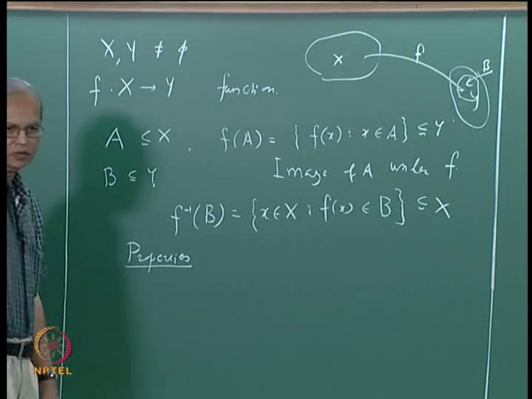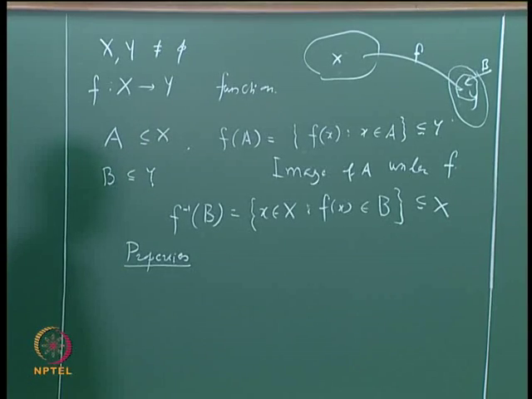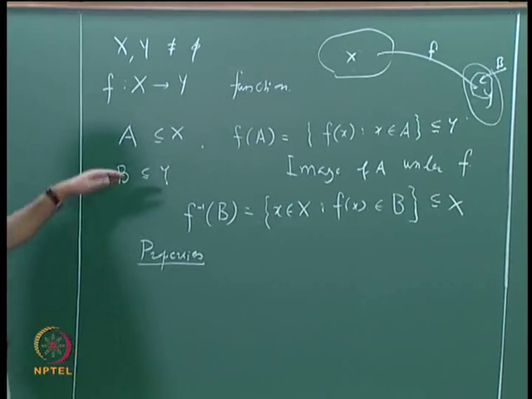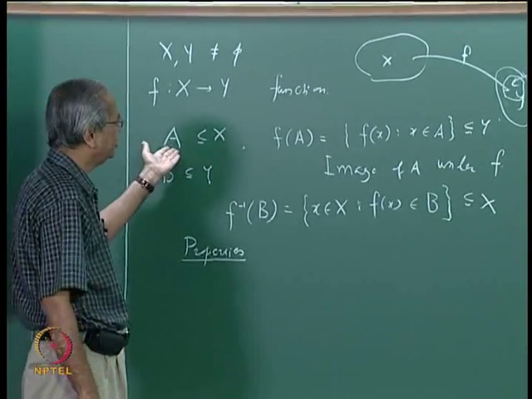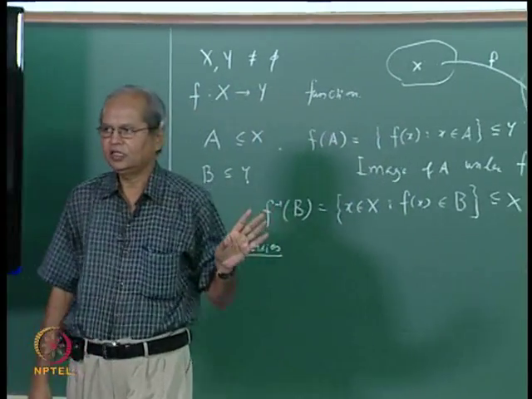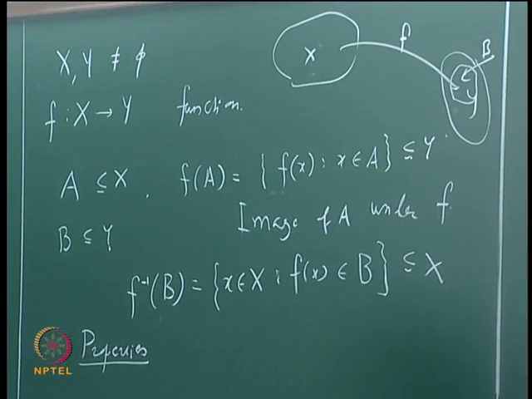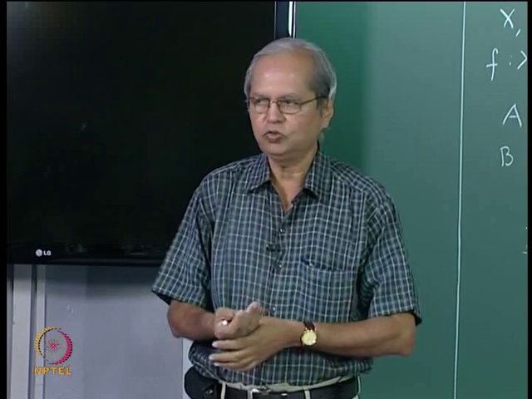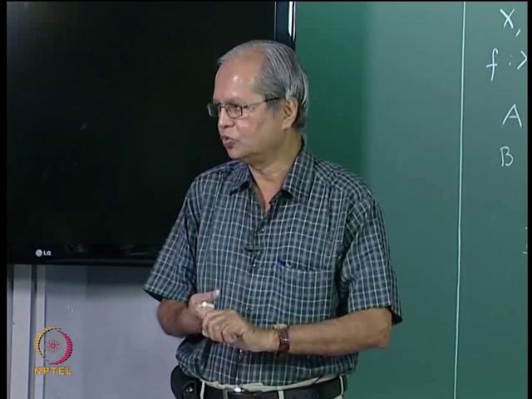Like for example, we want to ask some very elementary questions. Suppose instead of just taking one set A here, I take two sets A1 and A2, and then take A1 union A2, then the corresponding images will be f(A1) and f(A2). Then how is f(A1 union A2) related to f(A1) union f(A2)?